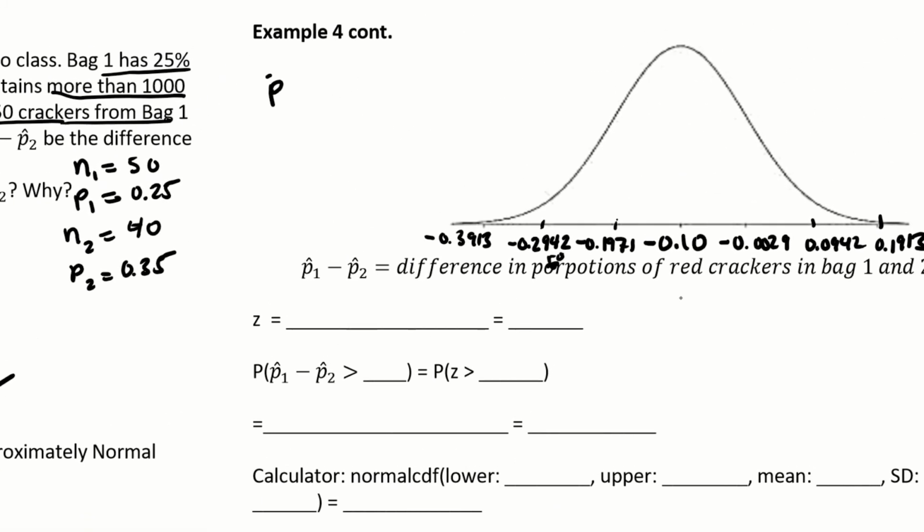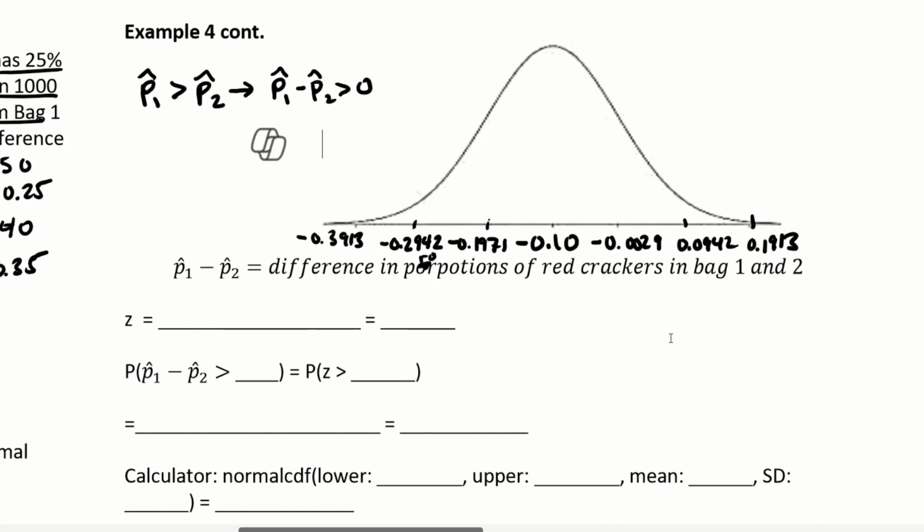And if that's true, then what we can say is that this is the same thing as saying p hat 1 minus p hat 2 is greater than 0. Okay, that's basically an equivalent statement. So this is why we graph p hat 1 minus p hat 2 here, and we want that to be greater than 0. So 0 is around here. Okay, so this is going to be p hat 1 minus p hat 2 is equal to 0. And we want to shade to the right of that because it's going to be greater than that.